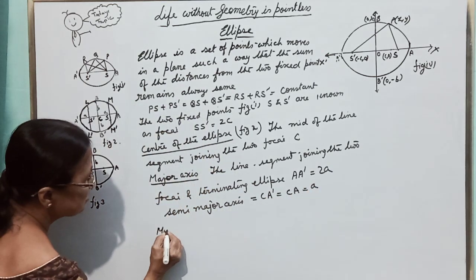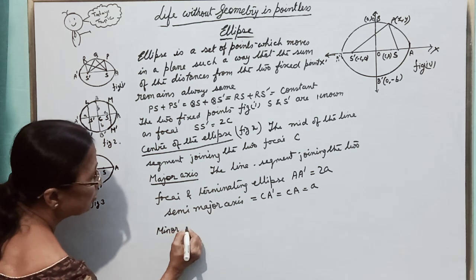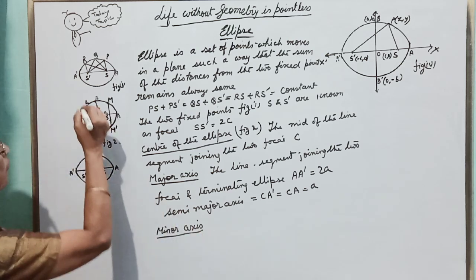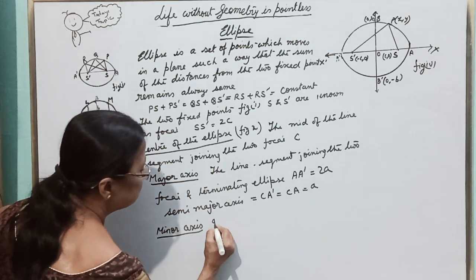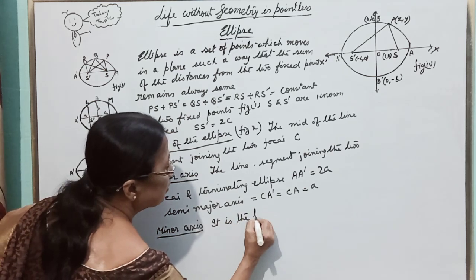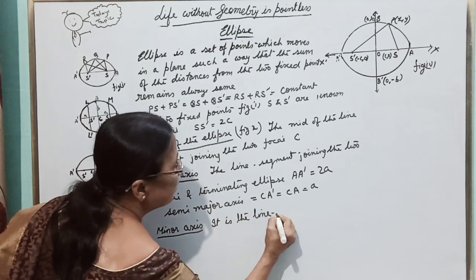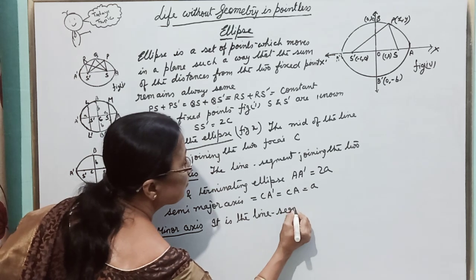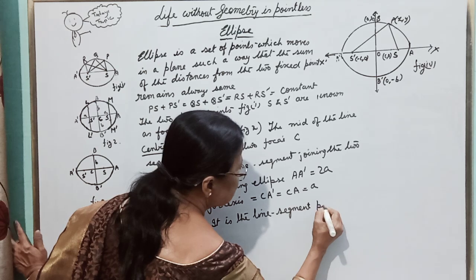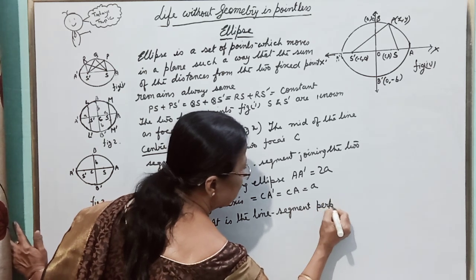Similarly, the minor axis is the line segment perpendicular to the major axis at the center of the ellipse.